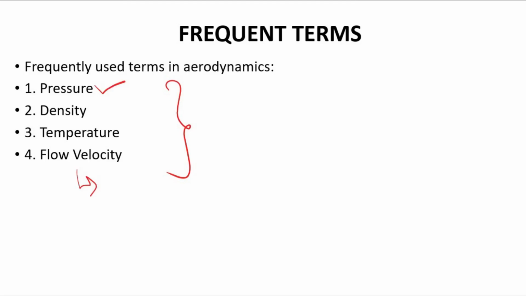Now, when I say pressure, if you're traveling from Mumbai to Ladakh, the atmospheric pressure that you're going to feel in Mumbai and the one that you're going to feel in Leh or Ladakh will be different. And in technical terms, pressure would be stress at a particular point in the fluid.